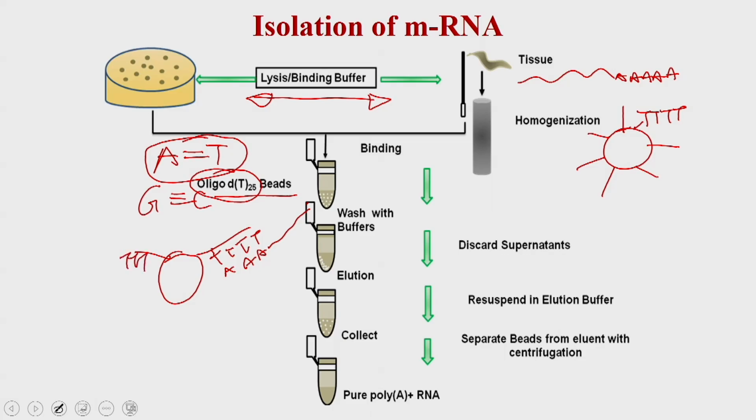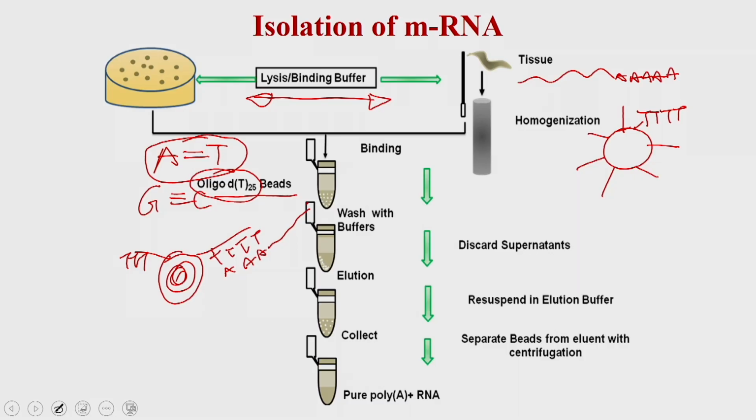So, what will happen is, at the end the pool of messenger RNA which is present in your cell lysate is going to bind the poly T tail which is present on these beads. Then you wash these beads with a washing buffer, and then you do the elution.